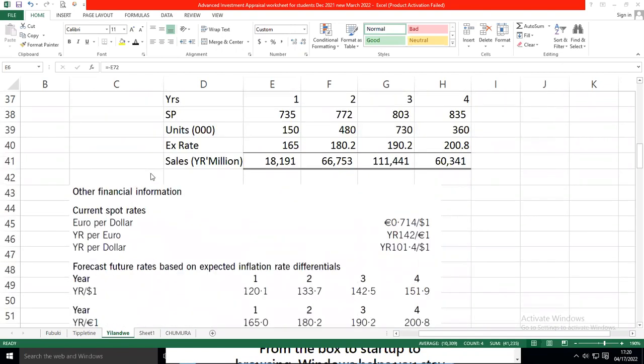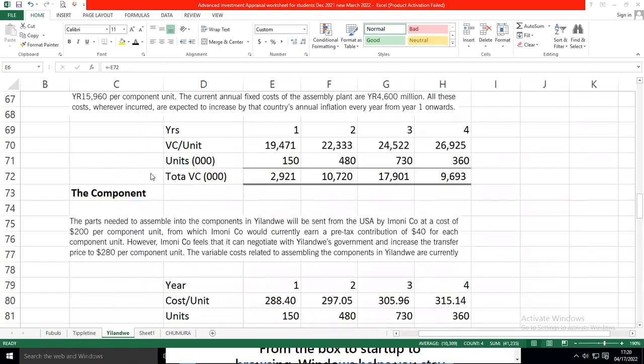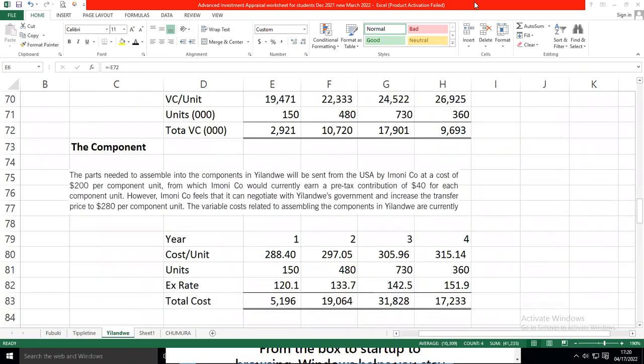Components. What currency is the component coming in? It's in US dollar, USD. So there's a need to do what?